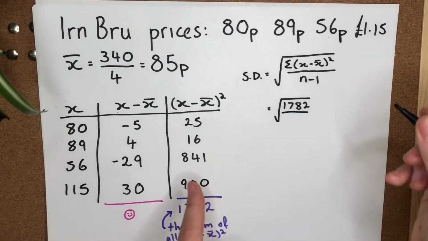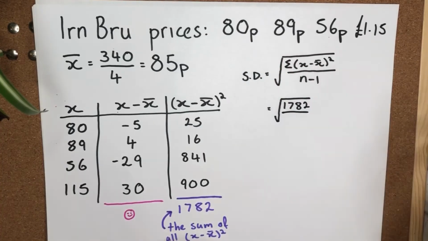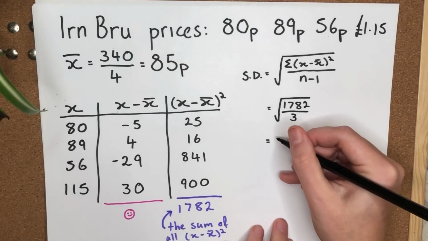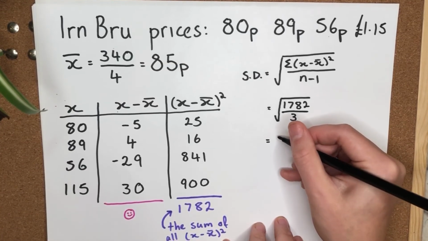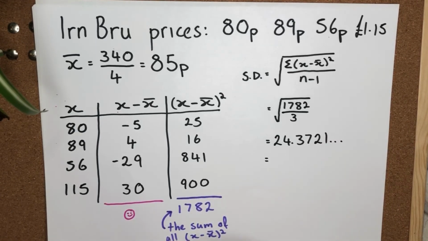Then I put it over the number of numbers minus 1. So I've got 4 numbers, take away 1, that's going to be 3. Slam that into a calculator and I get something like 24.3721, and so on. I'm going to round that to 24.4. Okay, and that's how you do the standard deviation.